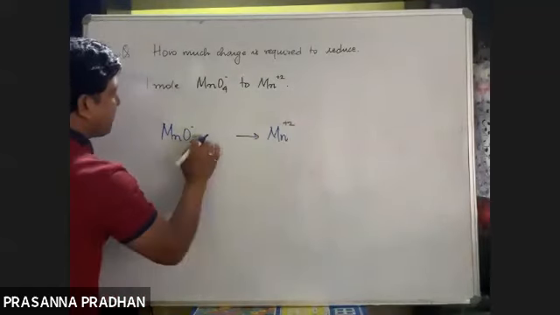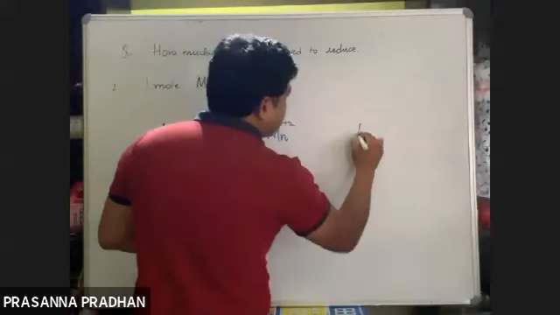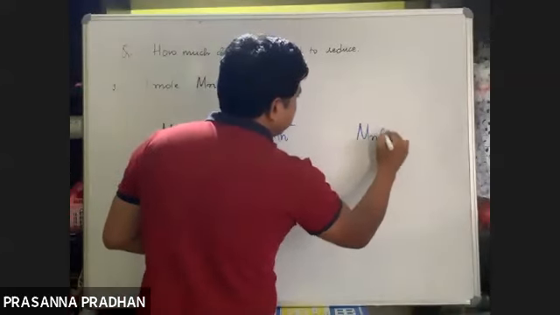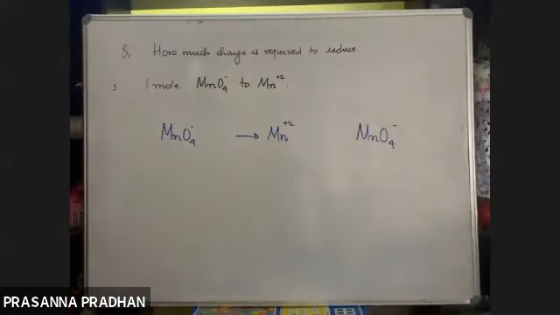What is missing out here? We require the number of electrons involved in this particular process. Now, you tell me, what is the oxidation number of manganese in MnO4 negative?